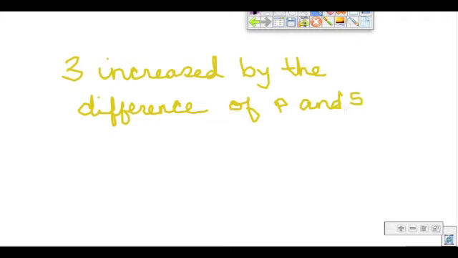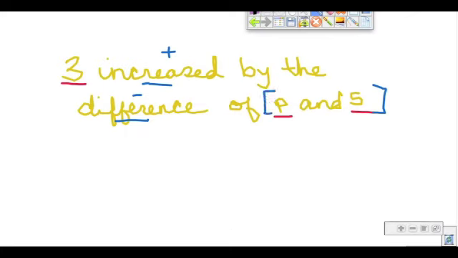Okay, so what does that mean? Well, first, let's underline everything we need to include. We need to include 3, P, and 5. Now, let's look at our vocabulary. Increased by. Obviously, that's going to mean adding. Difference. That's obviously going to mean that we need to subtract. P and 5 means that these guys are together in some kind of grouping.